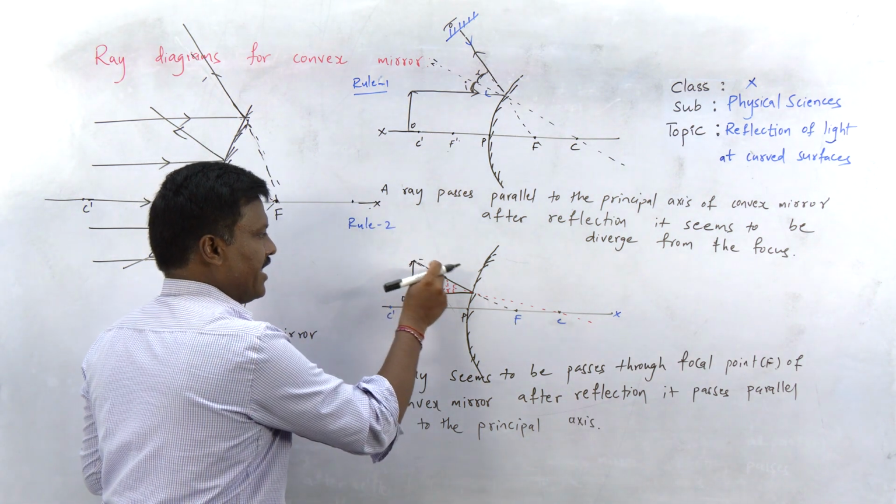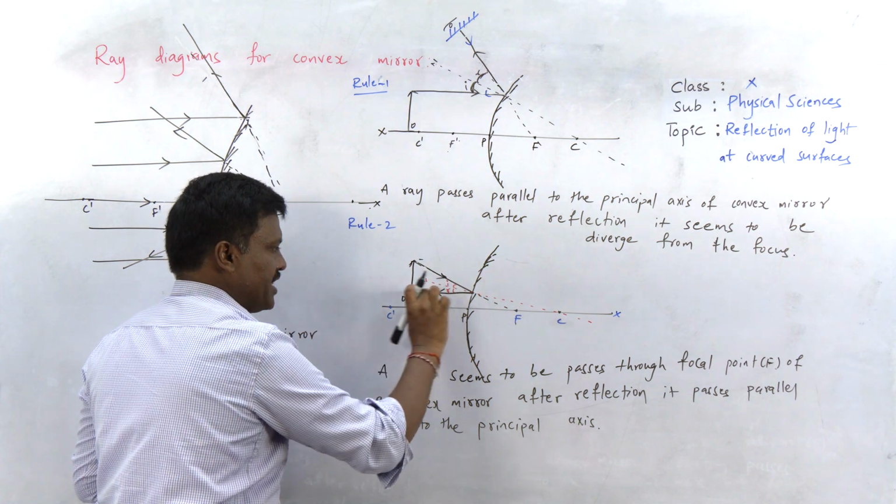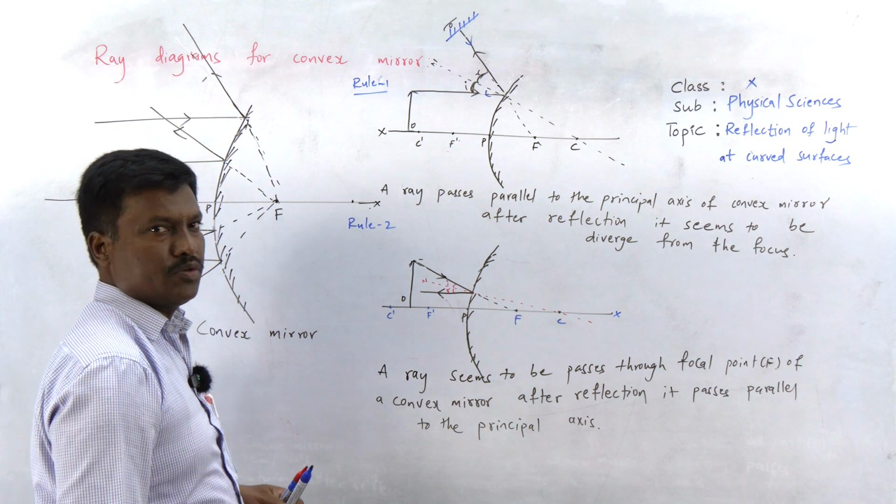Okay, see, a ray seems to pass through the focus. After reflection, it passes parallel to the principal axis. This is rule number 2.